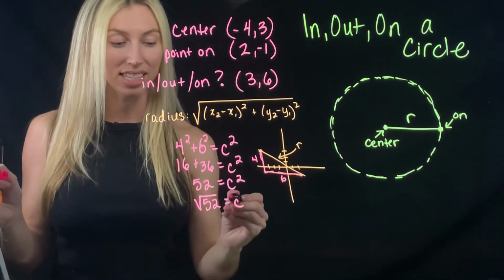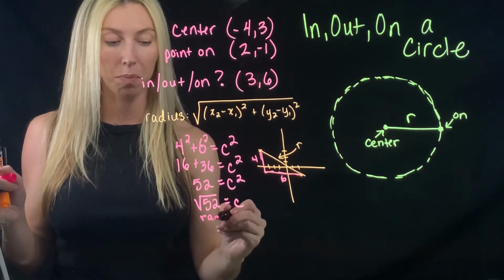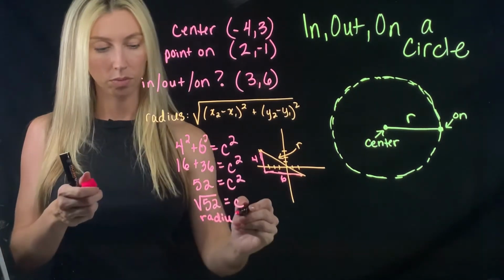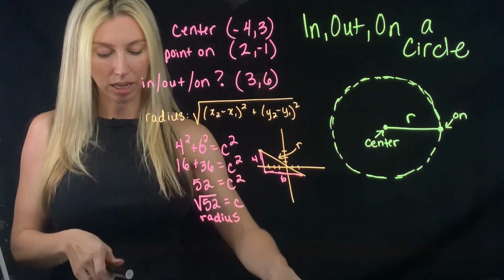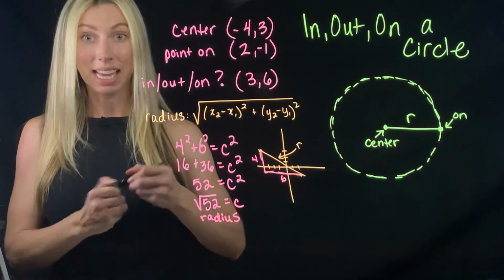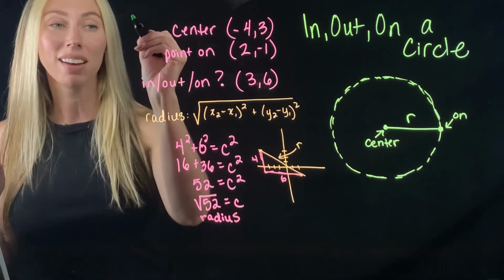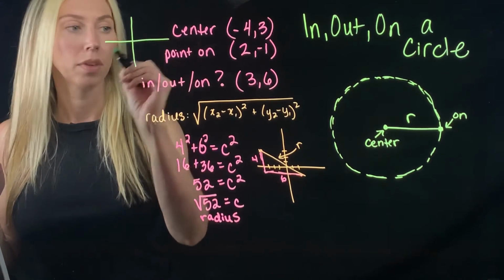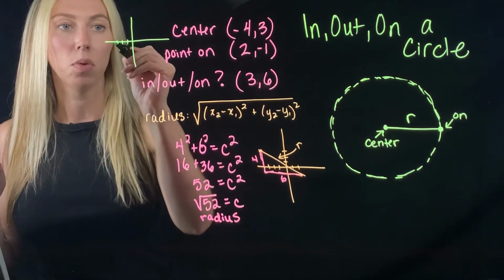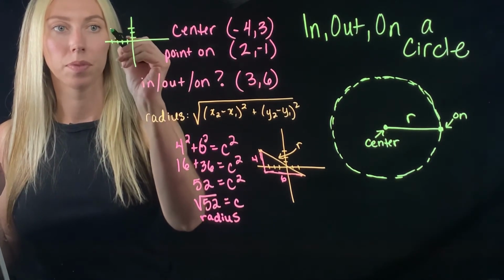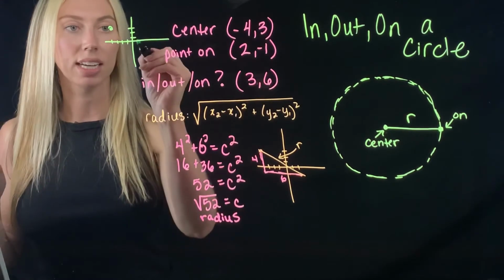So we know that this is the radius. This is kind of what we're comparing it to. So I'm going to work out right here the same thing, but from the center to this point. So I could even make another little coordinate plane. I'm going to be at -4, 3, and at 3, 6.